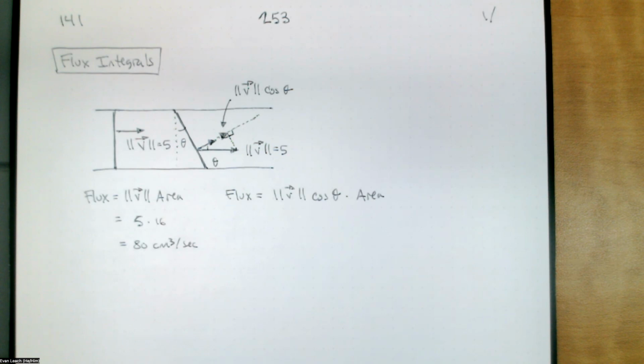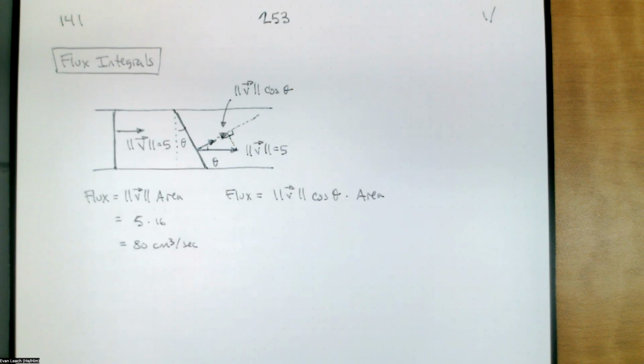So if you would recall, we had water flowing through a pipe, and we looked at the water flowing through a cross section. We started off with a perpendicular cross section, so the vector of the water is perpendicular to the flat area.